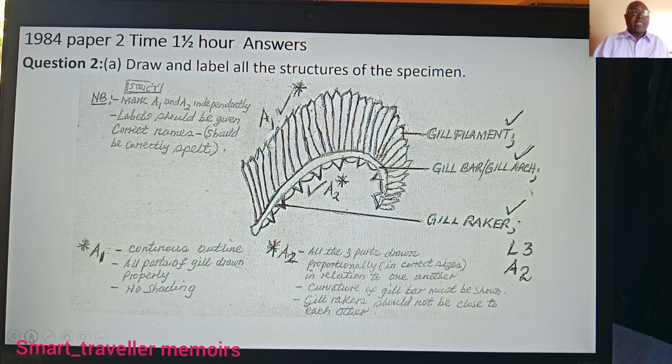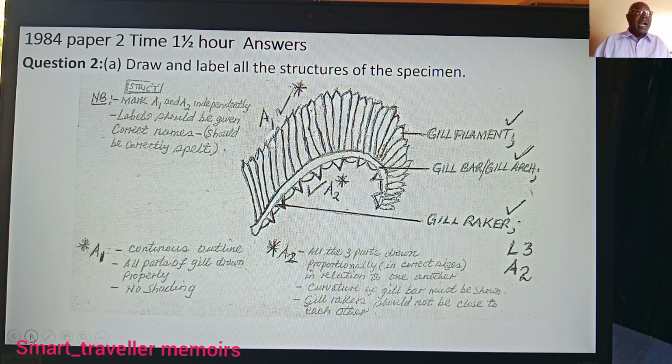You have gill filament, gill bar, or what you can call gill arch, and gill raker. For labels, you have 3 marks, and for accuracy, you give 2 marks to give a total of 5 marks.